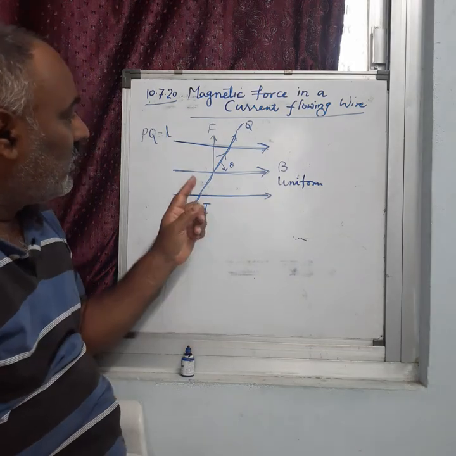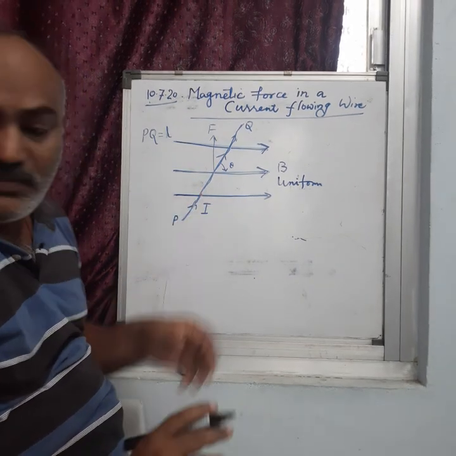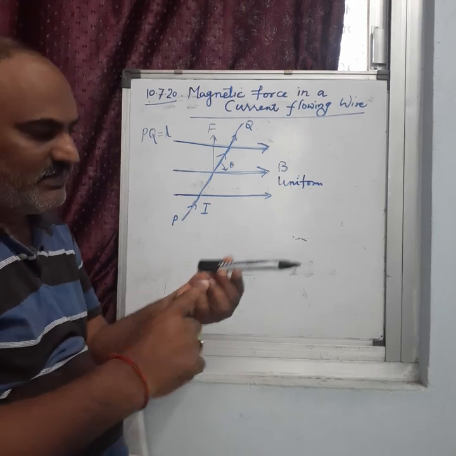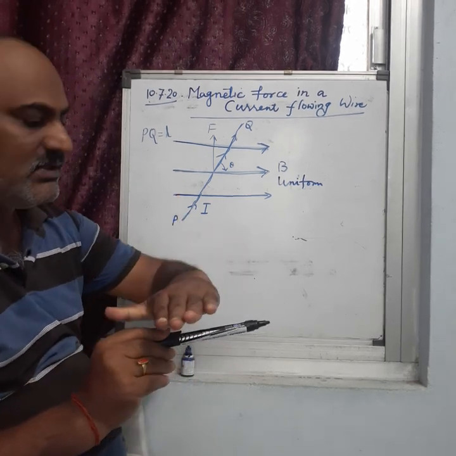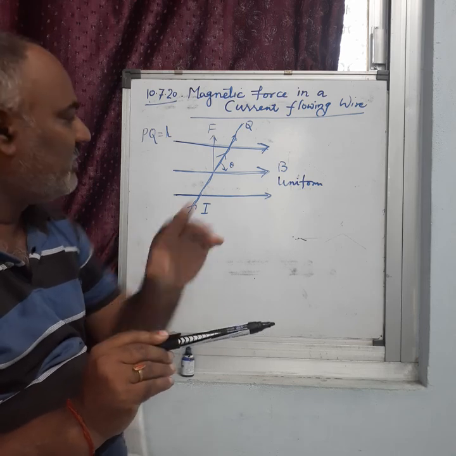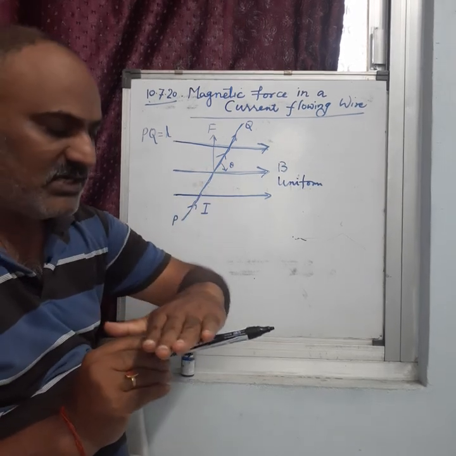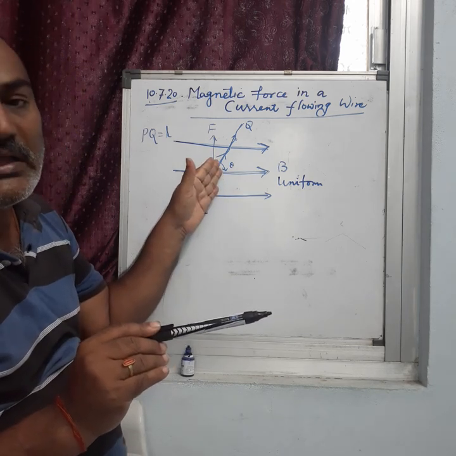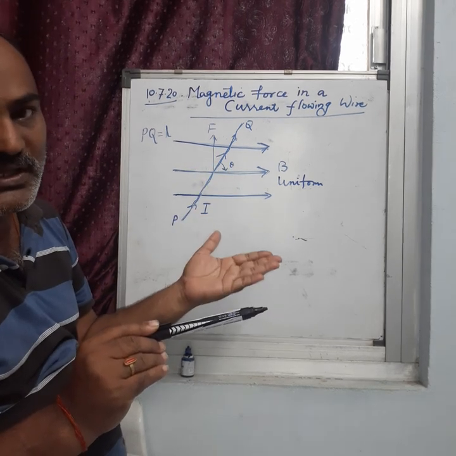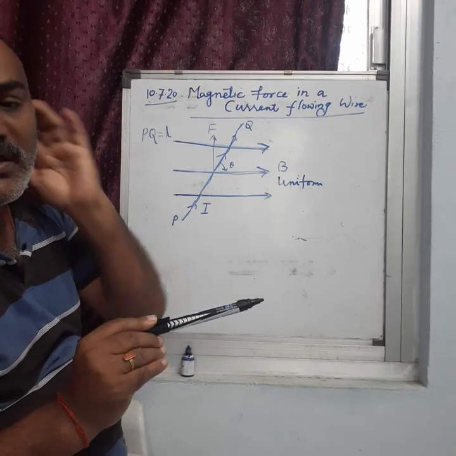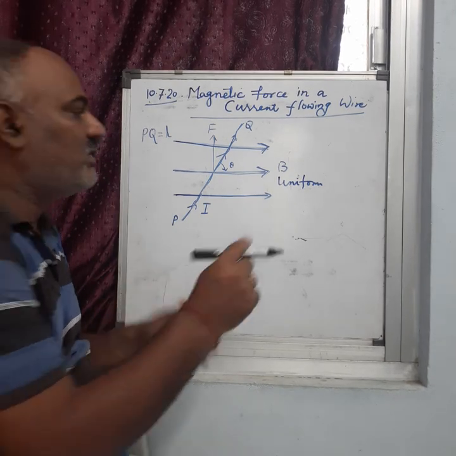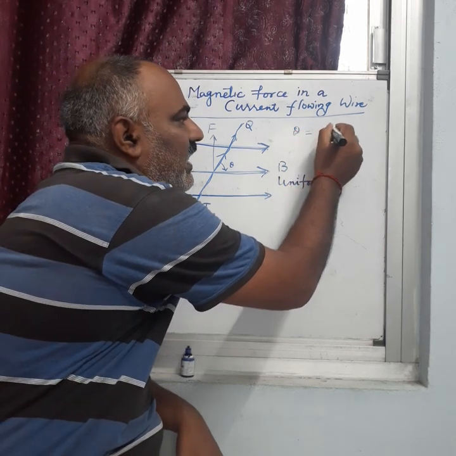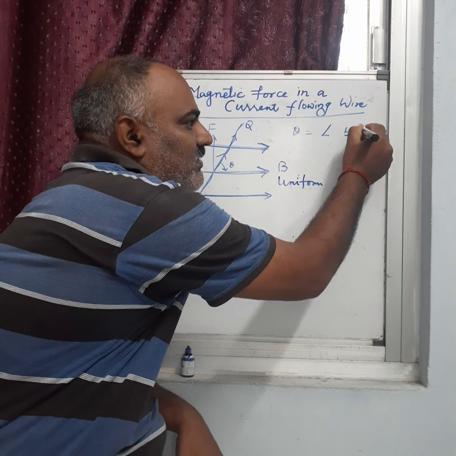This is a magnetic field, and this is a wire, but it may be at any angle. It is not exactly perpendicular, it may be in any direction. So let the angle between the current flowing wire and the magnetic field be theta. What is theta here?